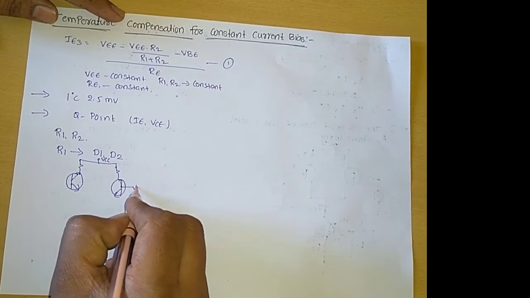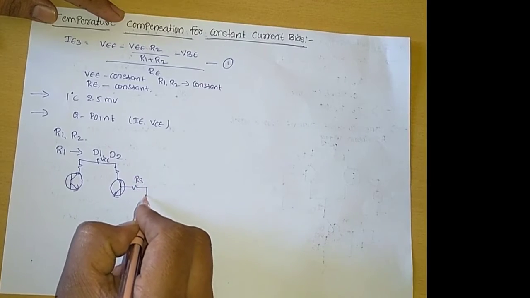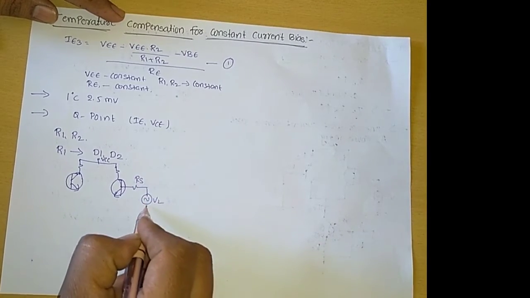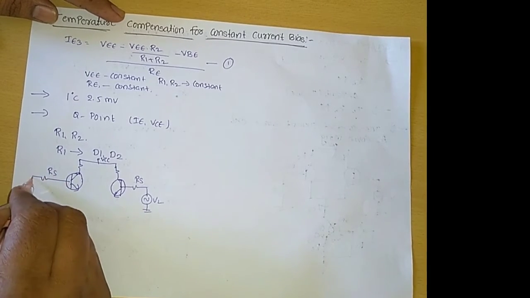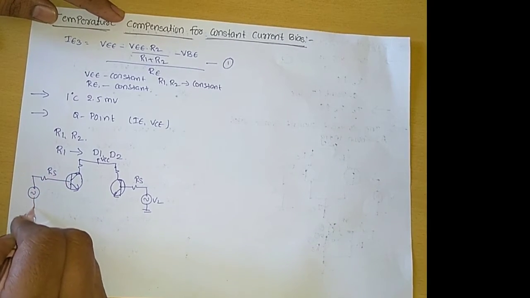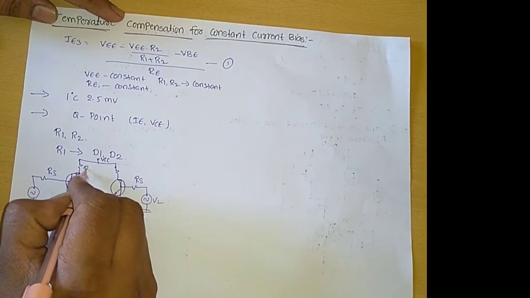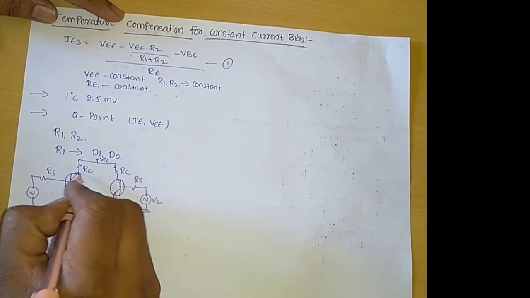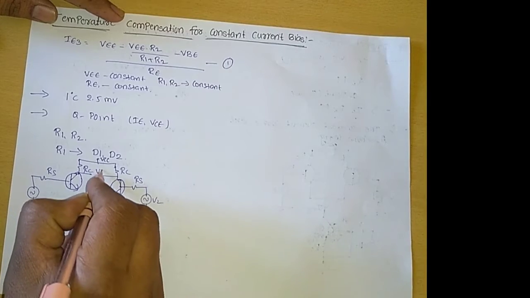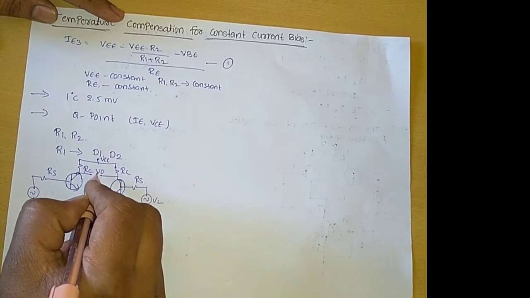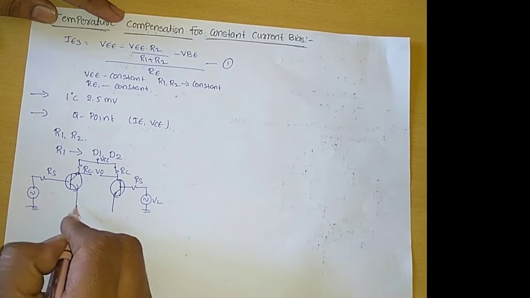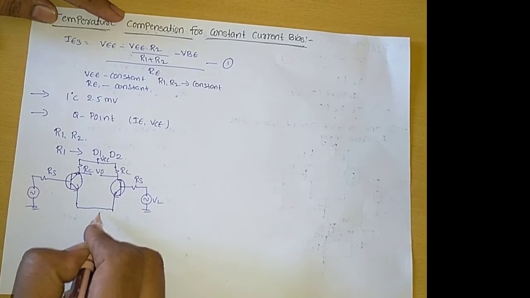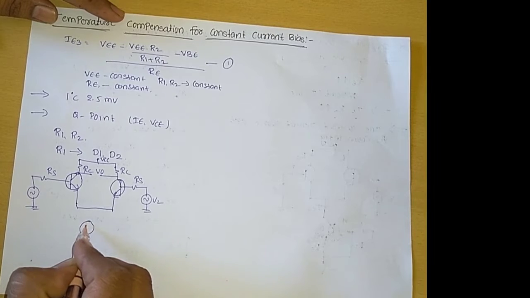Here we connect RS, and this is the V2 voltage, and here we connect RS and the input voltage, and this is RC, and here we take the output. Based on these two inputs and the output connection, this is called dual input balanced output, and here we connect the constant current source.